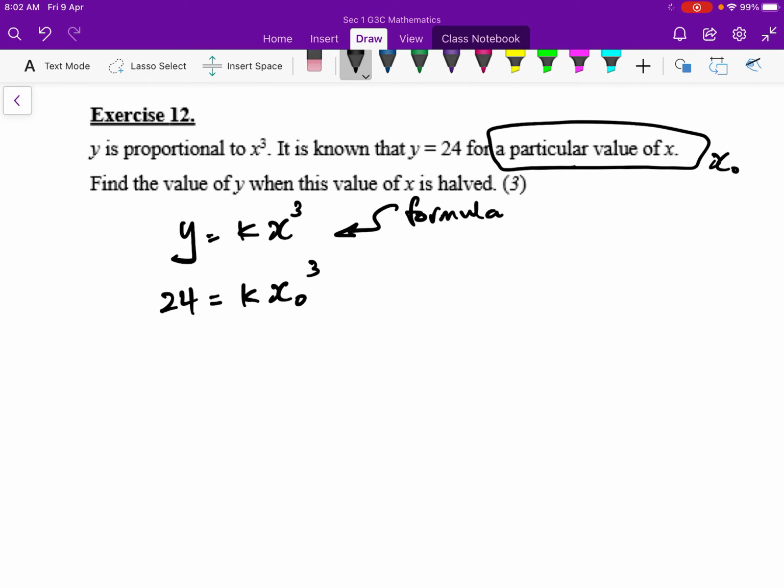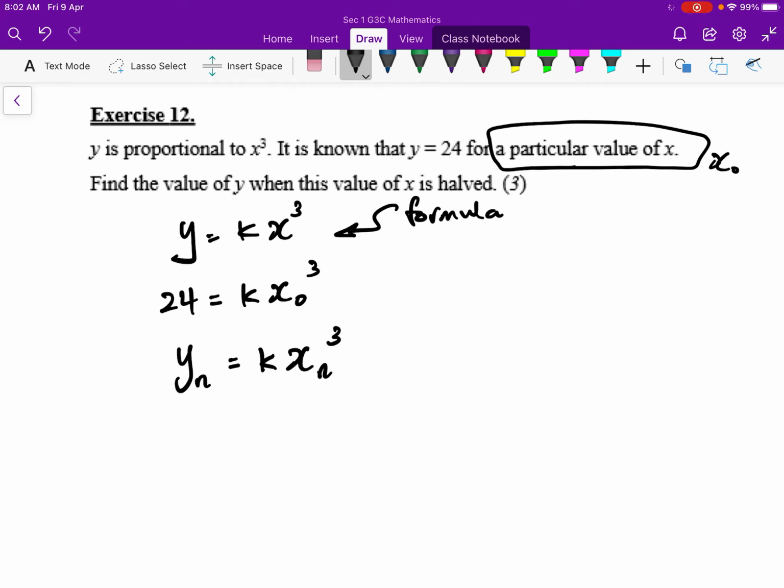So find the value of y when this value of x is halved. Okay, so back to our equation, back to our formula. We want to find the new y when we have a new x, correct? We are substituting into the original formula. I want to find a new y when I have a new x.